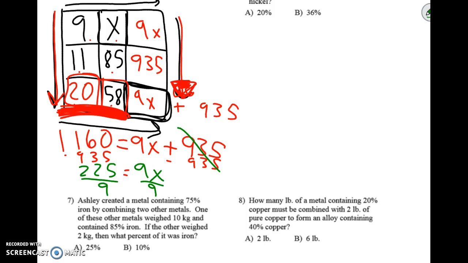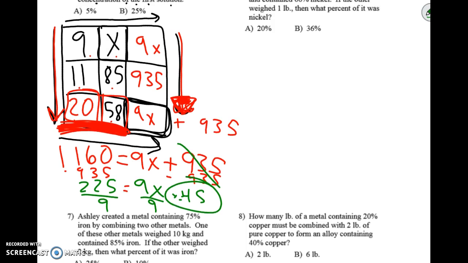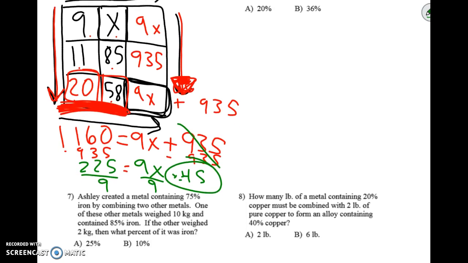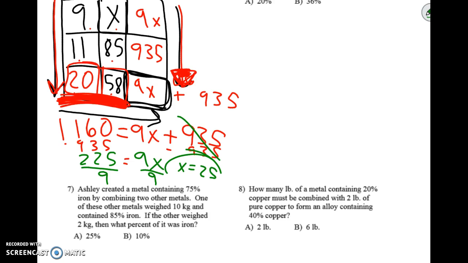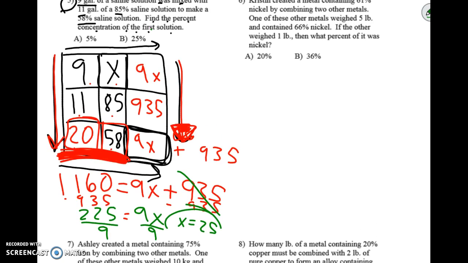Let's see, 225 divided by 9 is 25. X is 25. There it is. Actually, I first said 45, and is that one of my choices? It's not 45. It's 25. Don't I feel dumb because now it's recorded forever. X is 25. That's what I really meant.